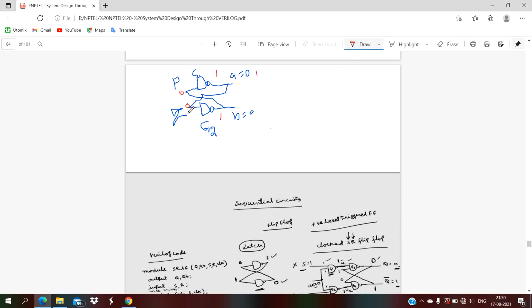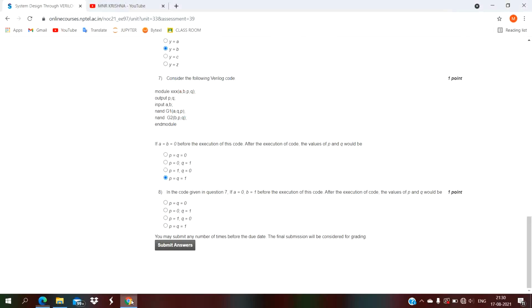So P is equal to 1, Q is equal to 1, B is also 1, P is equal to 1. So that's why I will select this option. In the next question, in the code given in question 7, the same code is used.